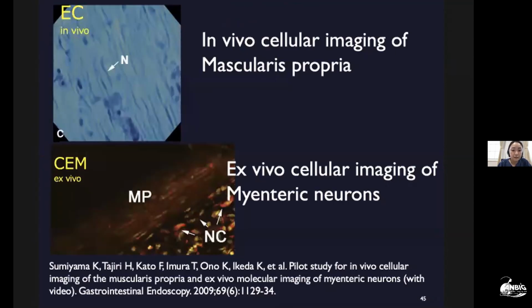And this is Dr. Sumiyama from Keio University Hospital. He reported these very impressive two images. The picture on the top is in vivo cellular imaging of the muscularis propria. You can see the muscular fibers clearly with endocytoscopy in vivo.